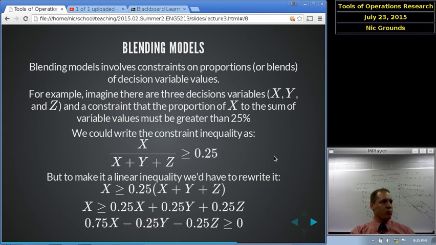Now, I haven't told you why you should prefer linear optimization approaches to nonlinear optimization. We'll get to that later. But this is just to help you understand a new kind of constraint type and how we could make it fit our pattern that we've been using.